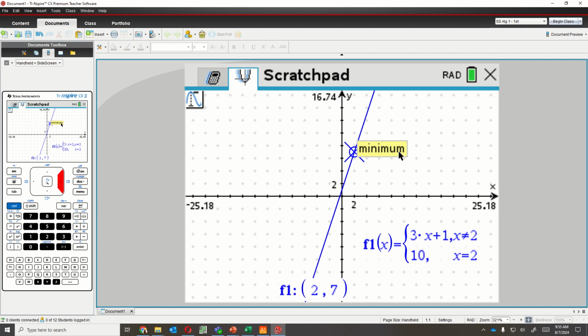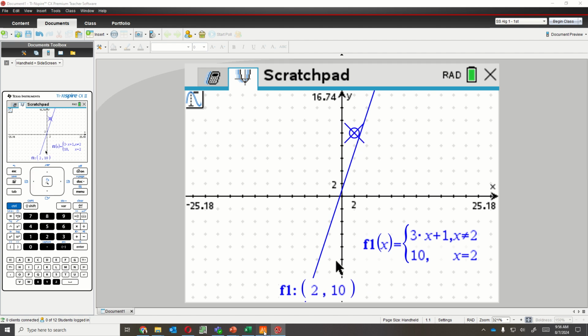I don't know if you can see it here. It does show on this one, so that you could actually have 7 there, even though it doesn't exist on that one, because there are two functions for that. And then just keep going in both directions. It's approaching 7 from both sides, even though it did not exist for my piecewise.